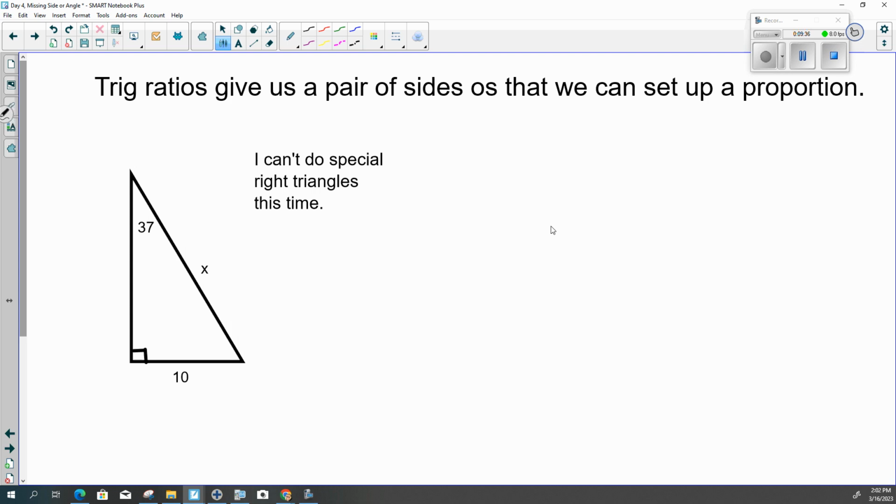So again, when you see your picture, label the hypotenuse. That seems to be the easiest one. So draw this picture of this triangle, label the 37, the x, and the 10.